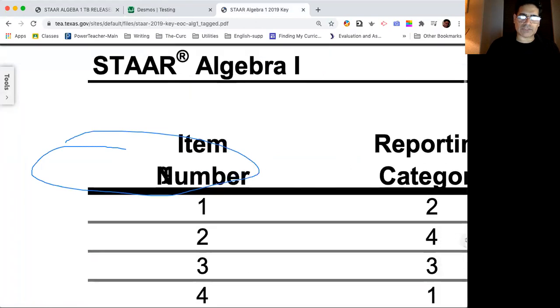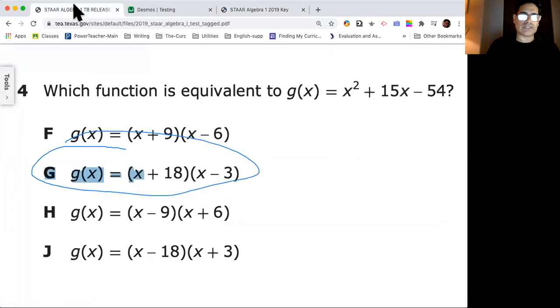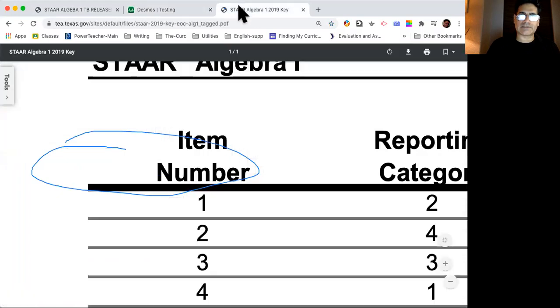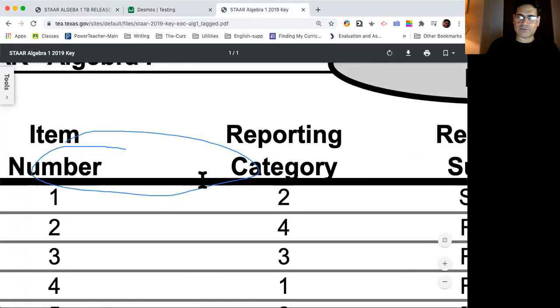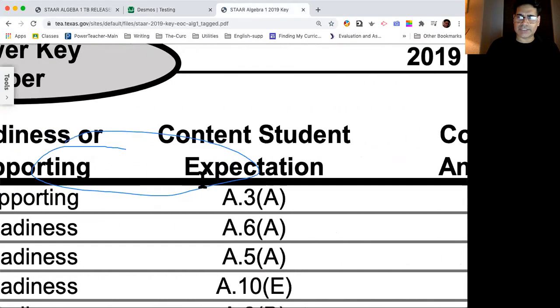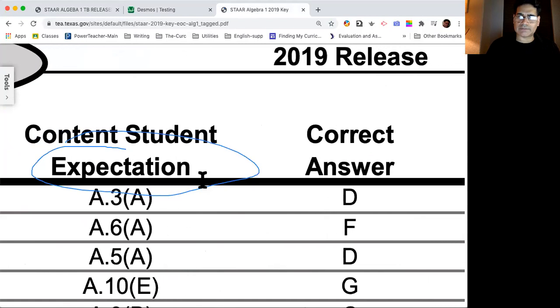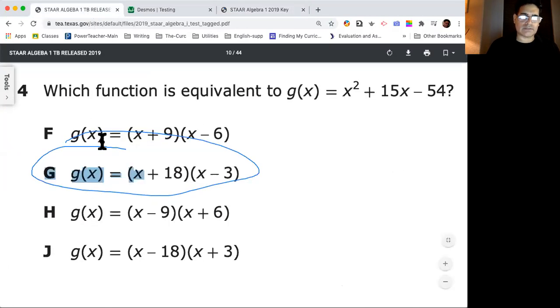So that was question number 4, wasn't it? Yeah, question number 4. And on our answer key, 4 is G. And Desmos does it again.